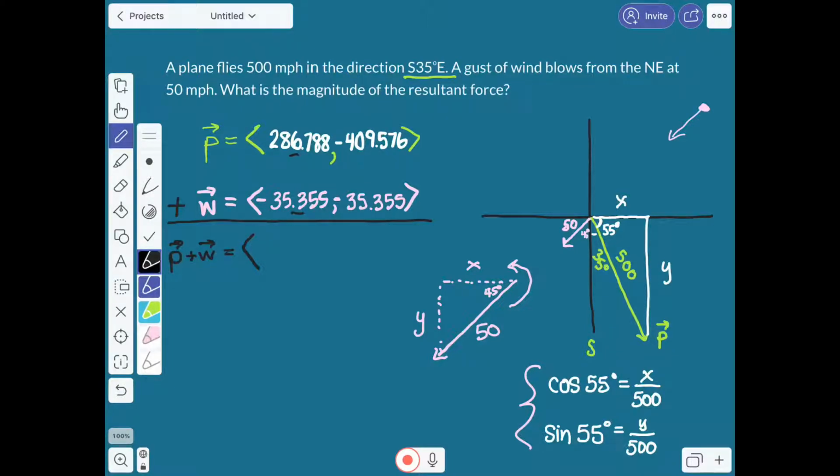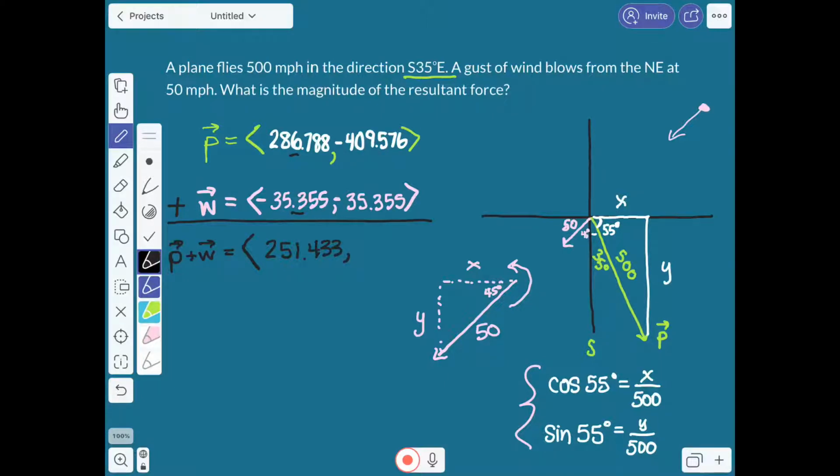component-wise they call it. So that 286 number plus a negative 35 number, I'm getting positive 251.433.